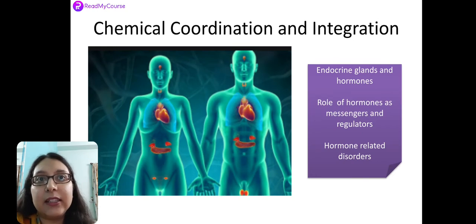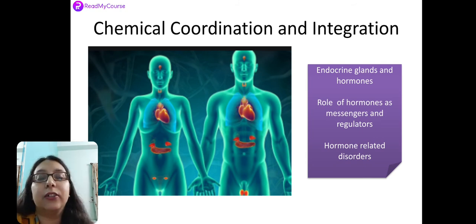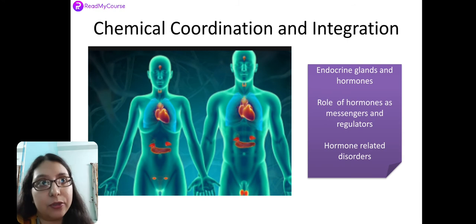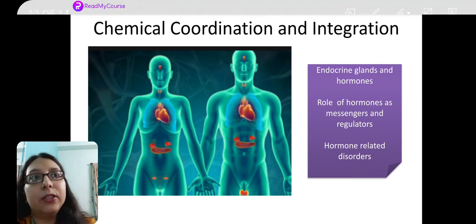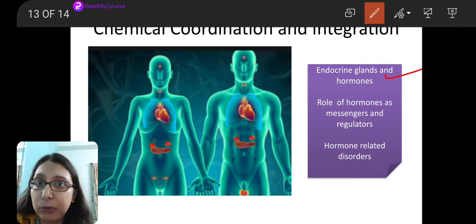Moving to the next slide, we have chemical coordination and integration. Basically, this is the endocrine system, or the system which is related to the hormones, the production of hormones, the regulation of the hormonal activity. How the various metabolic activities in our body are controlled by these hormones, all these things come under this chapter. So we will study over here about the endocrine glands, the endocrine hormones, how they regulate the various metabolic functions in the body.